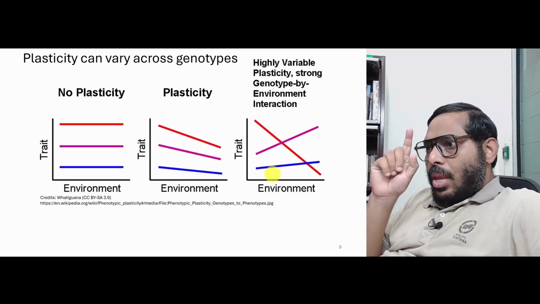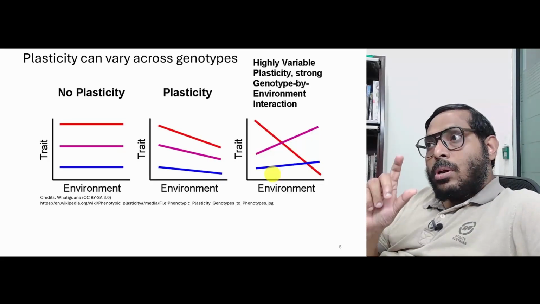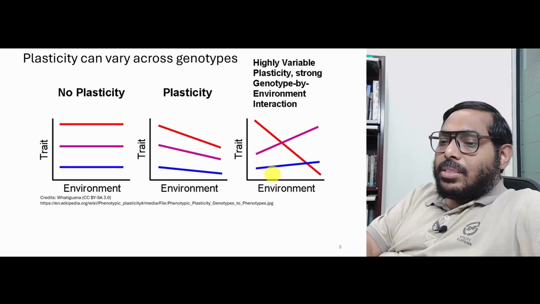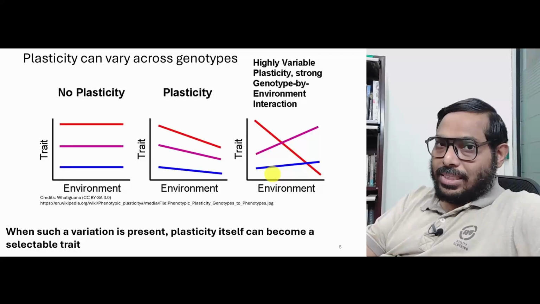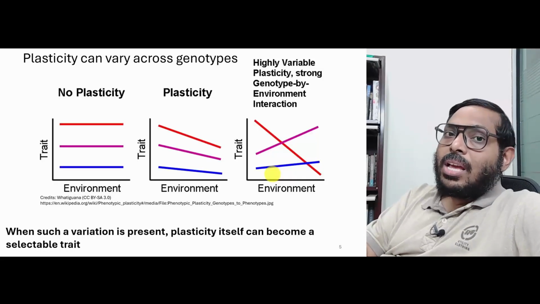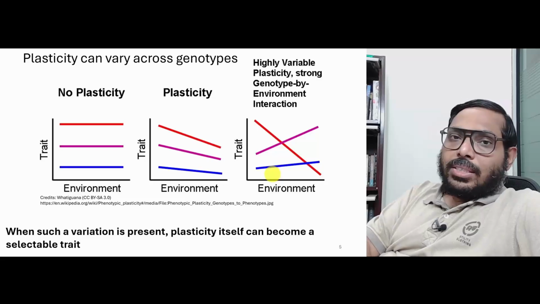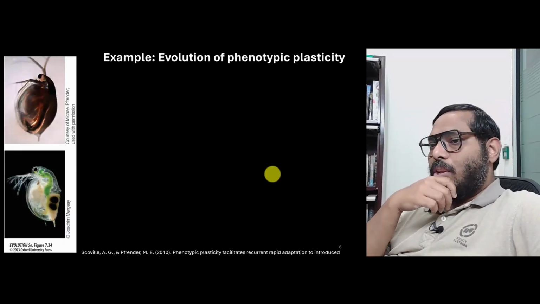Now, if you have a situation like this, where the ability to respond to environment depends on the genotype, then that means that you should be able to select for plasticity. In other words, plasticity itself becomes a selectable trait on which evolution can now operate, or rather selection can operate, and here is a very nice example of that.